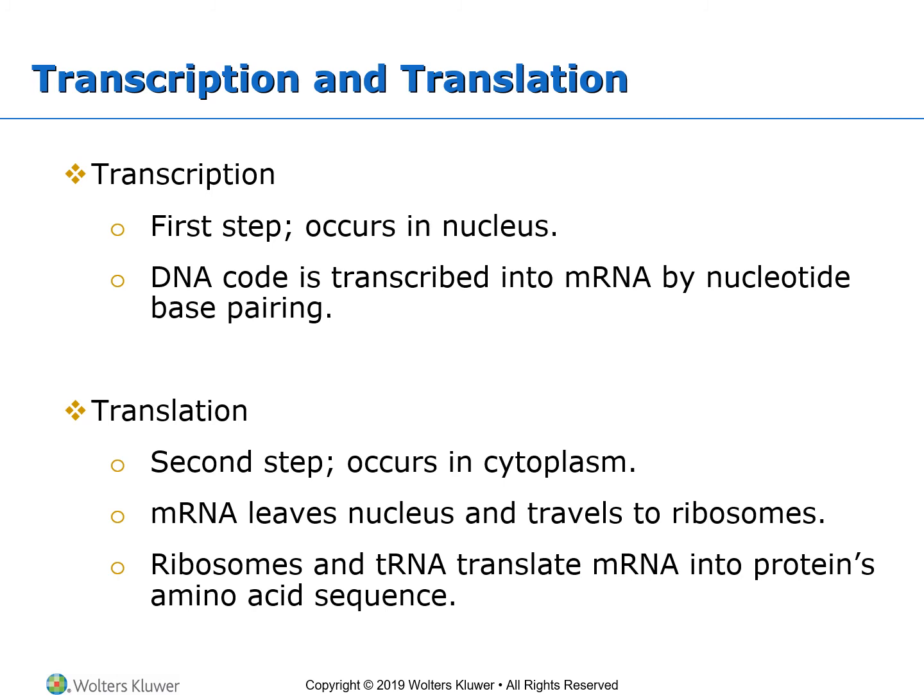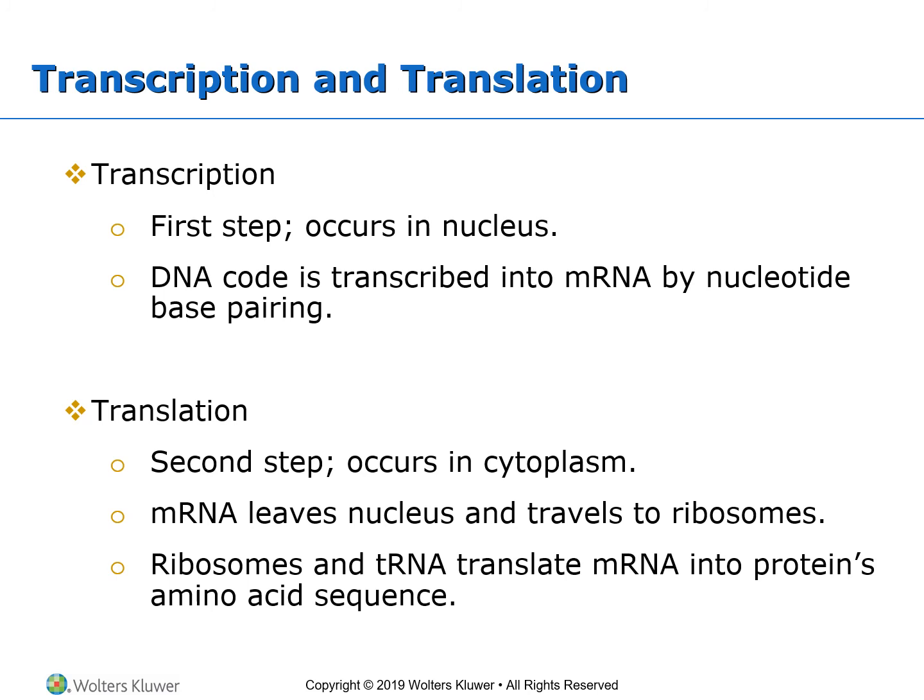So in the process of synthesizing a protein, we have two steps. The first step, transcription, occurs in the nucleus, and the DNA blueprint, the genetic code, will be transcribed into a messenger RNA by nucleotide base pairing. Once this is developed, the translation, or the second step, will occur outside.